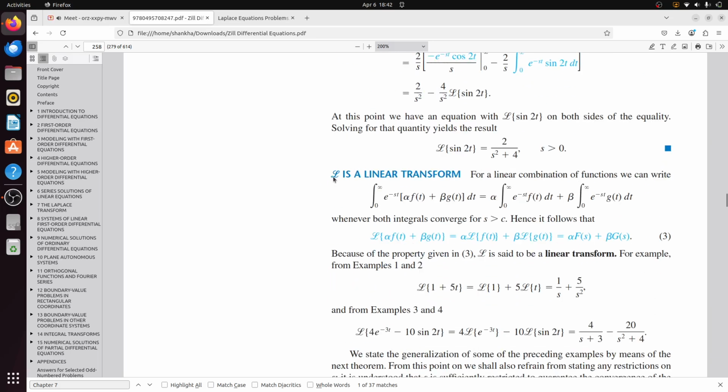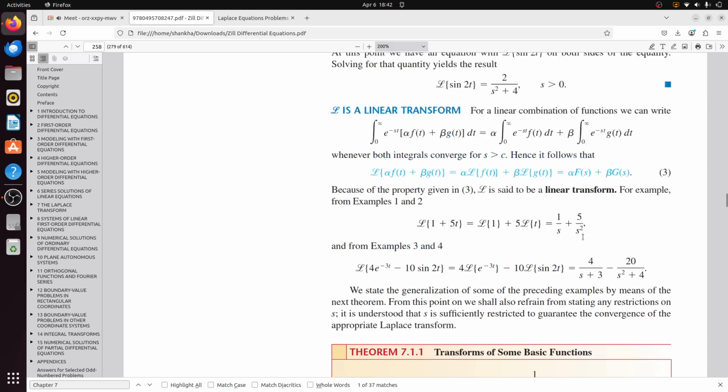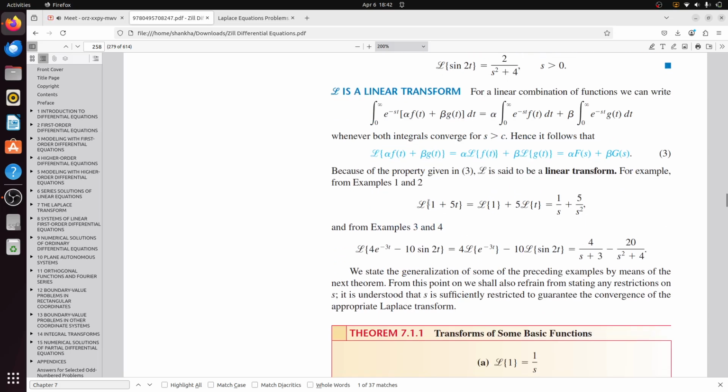So this Laplace operator L is a linear operator. That means Laplace transformation of alpha ft plus beta gt will be alpha times Laplace transformation of ft plus beta times Laplace transformation of gt. That is how you can use linearity.